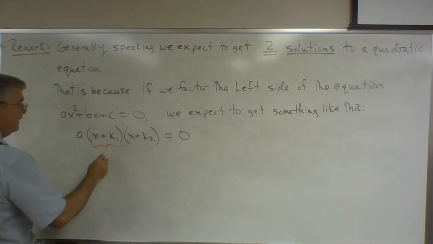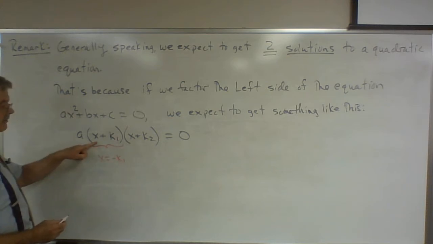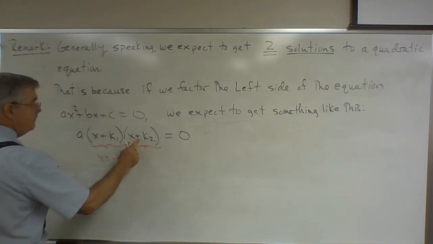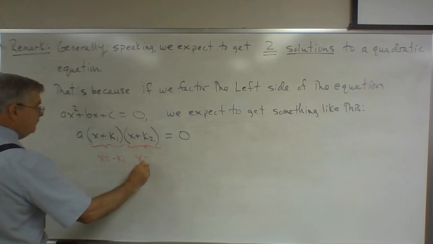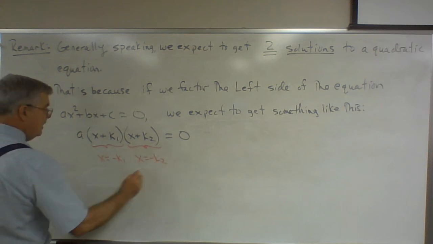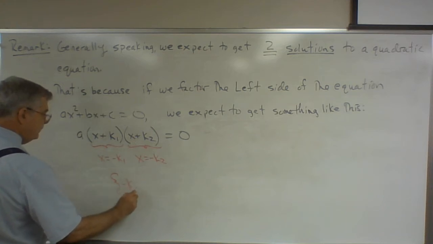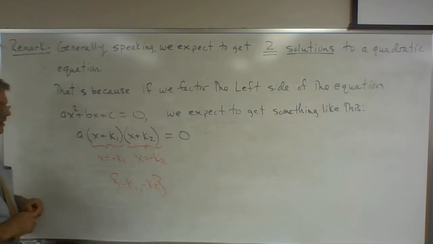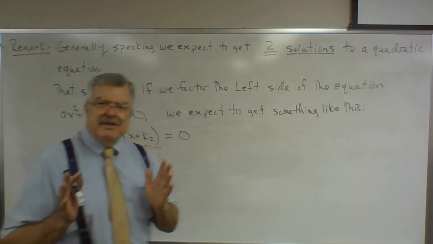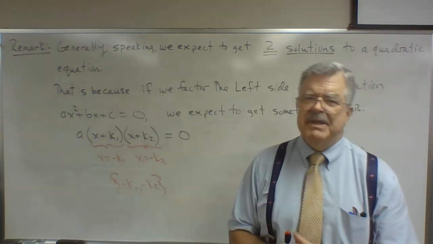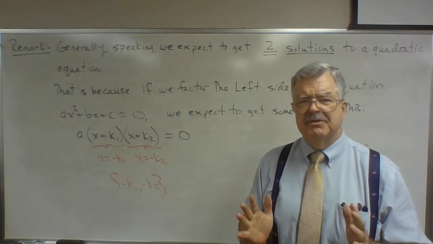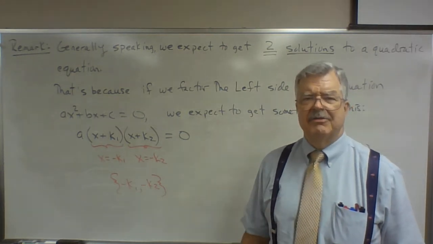But one of these two factors has to be 0. If this factor is 0, we get x equals negative k1. If this factor is 0, we get x equals negative k2. And those are our two solutions. So generally speaking, we expect to get two solutions for a quadratic equation.